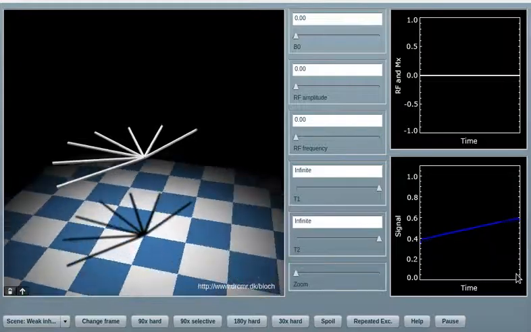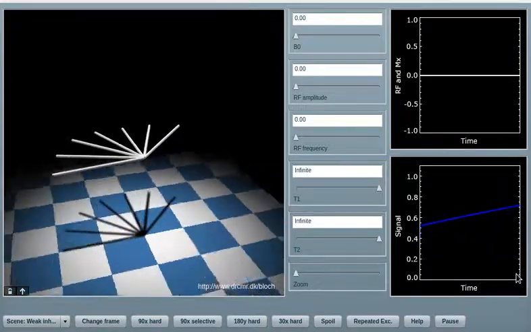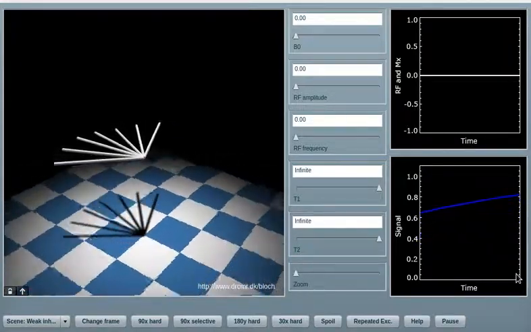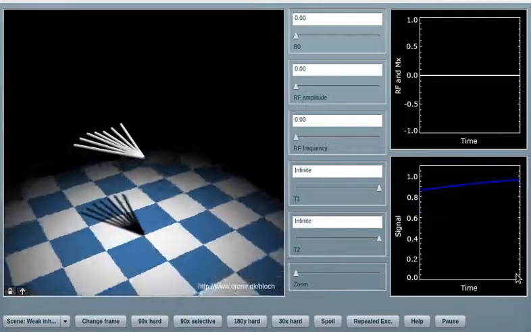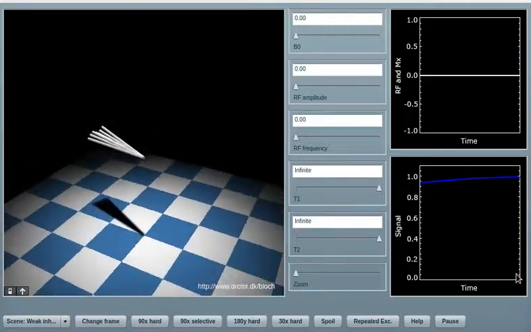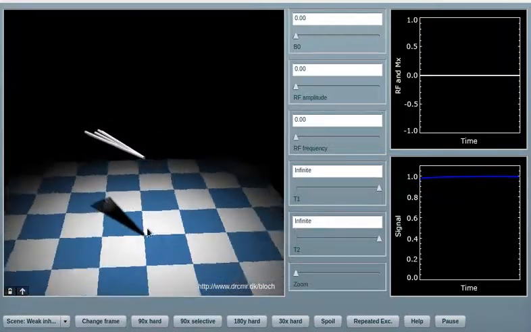Right? So T2 star is reversible in some MRI pulse sequences, right? If you have this 180-degree pulse, you can reverse T2 star.